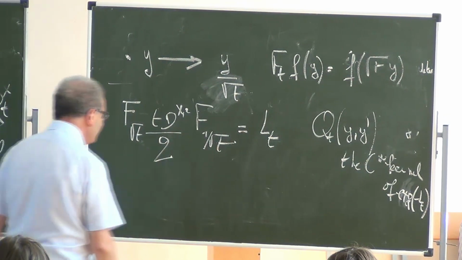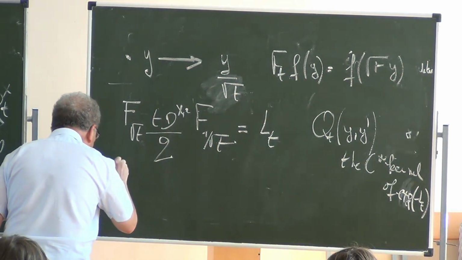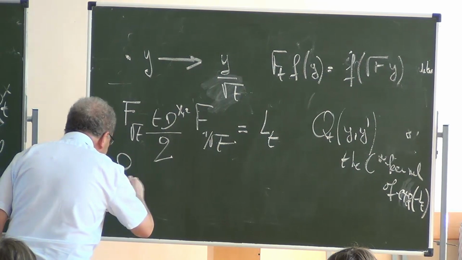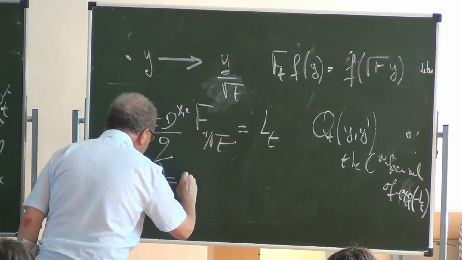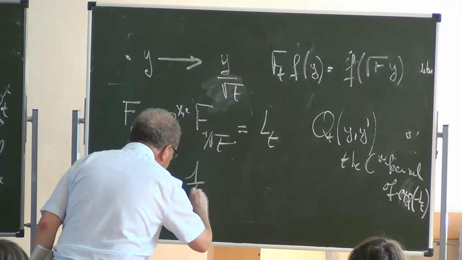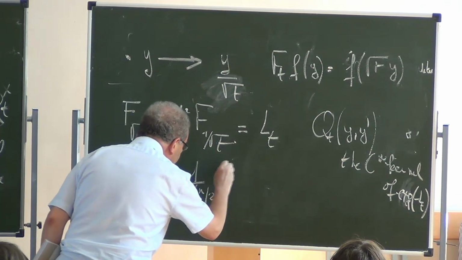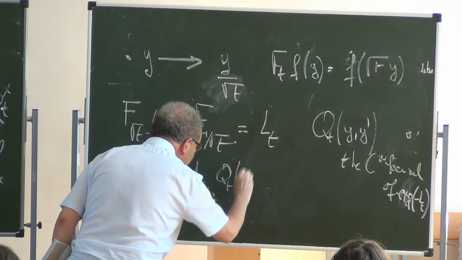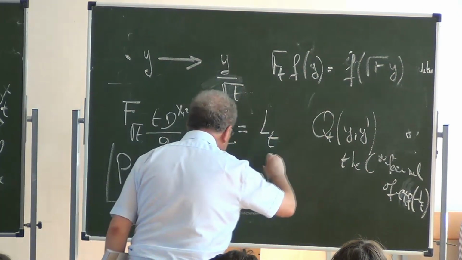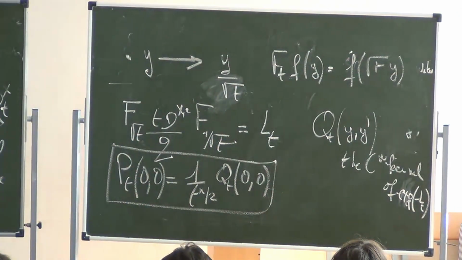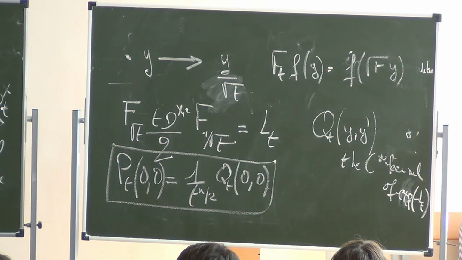So it's fairly easy to show that Pt of 0 and 0 is equal to 1 over t to the n over 2 Qt of 0 and 0. This is just a trivial application of a change of variable formula. This is not deep.